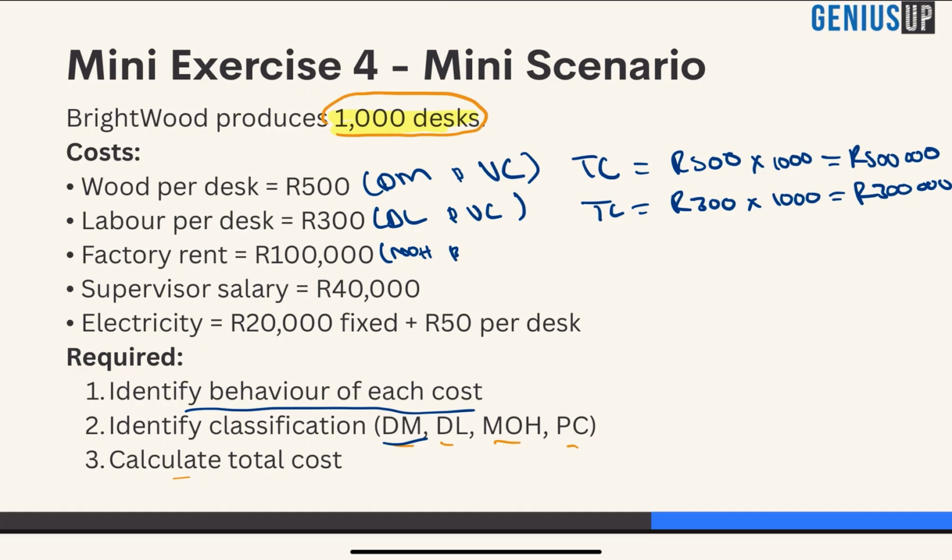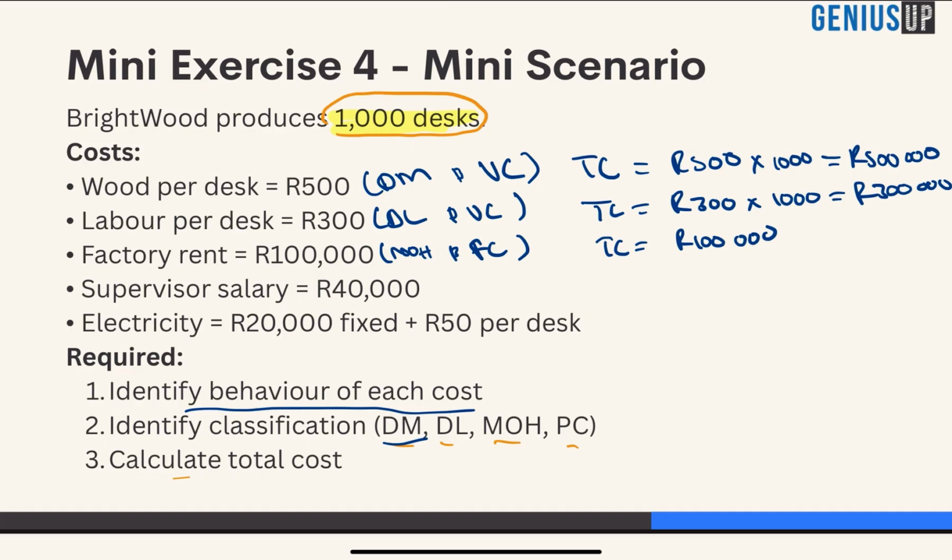However, factory rent is fixed because they tell you that it's 100,000, not per desk, not for whatever. It's just 100,000, which is a fixed cost. Meaning, regardless of how much we produce, we're still going to incur 100,000 in total for factory rent. Therefore, the total cost is going to be 100,000, because regardless of how many units we produce, we're still going to have to pay 100,000.